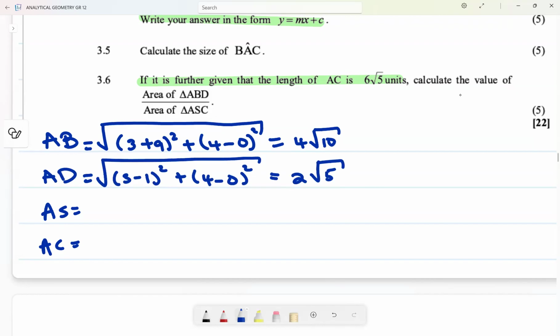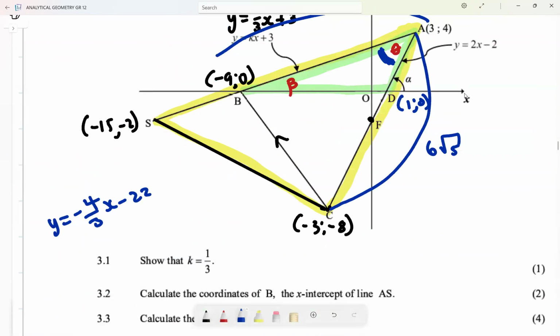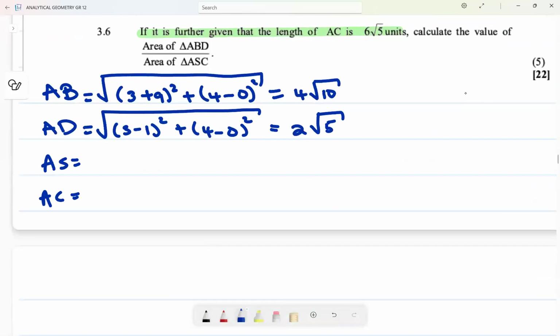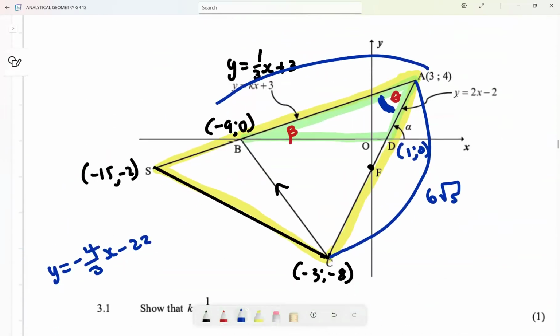AS, I think they give it to me. Oh no, I was given AC. AC is 6 root 5. Fine. And then AS, what is AS?